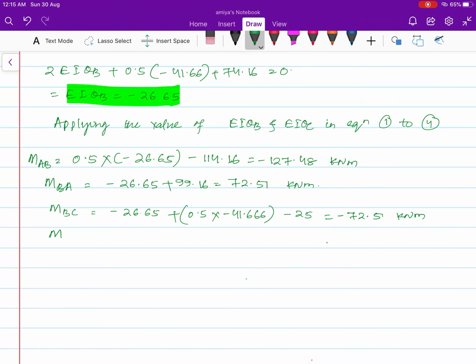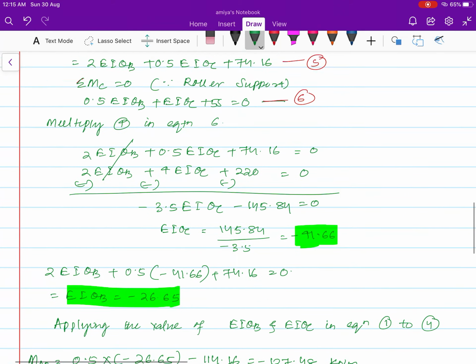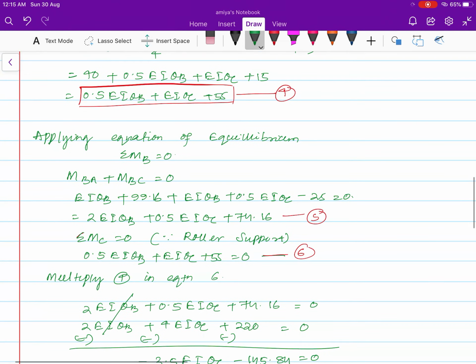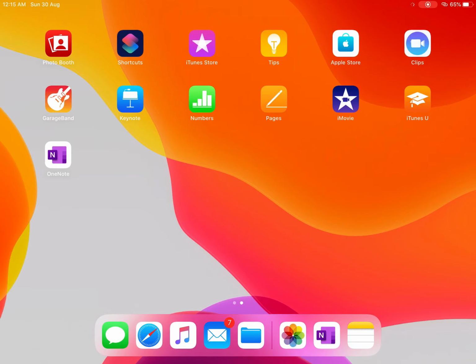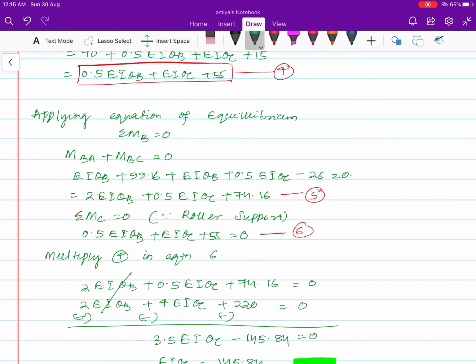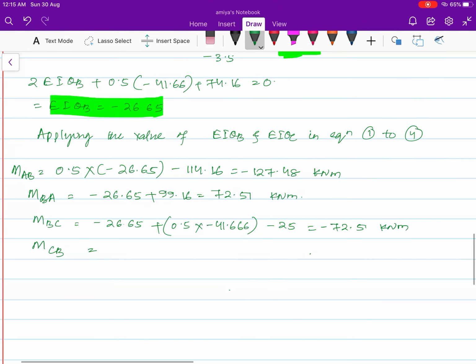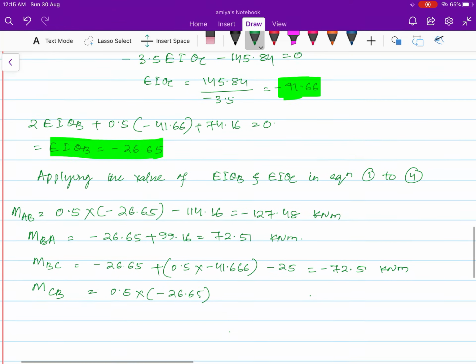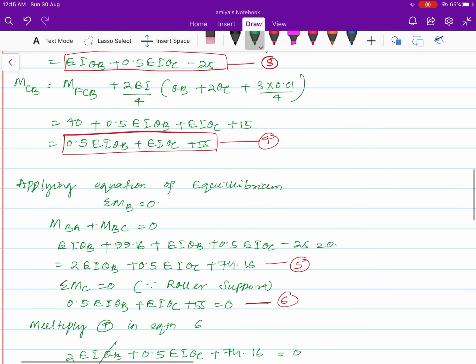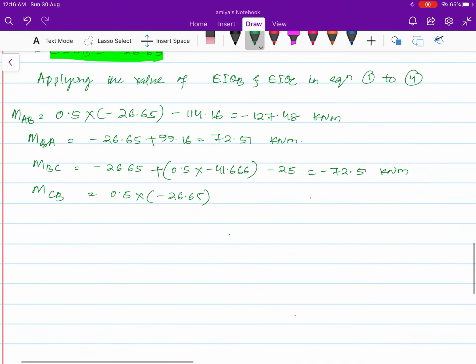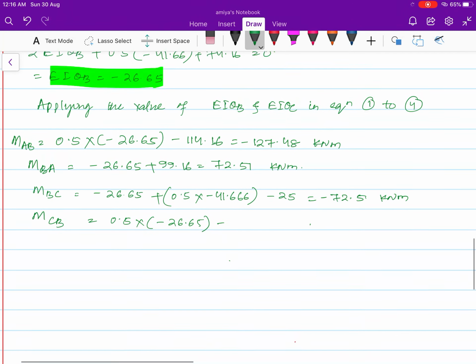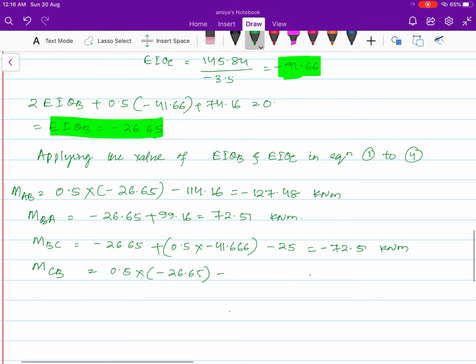Now MCB in equation 4: 0.5 EI theta B, that is 0.5 into minus 26.65, plus EI theta C, minus 41.66, plus 55.